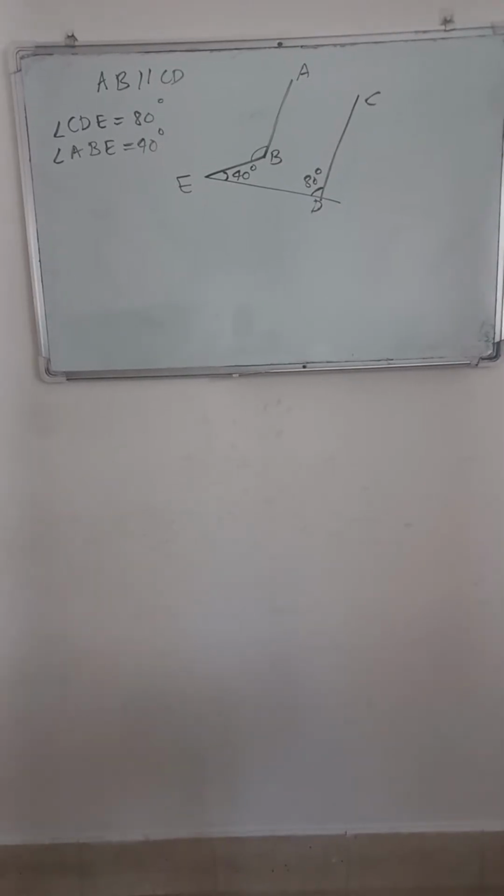Since AB and CD are parallel to each other, angle CDE and ABE are alternate interior angles.